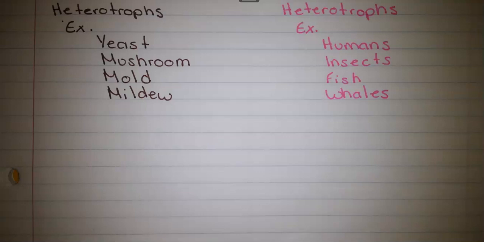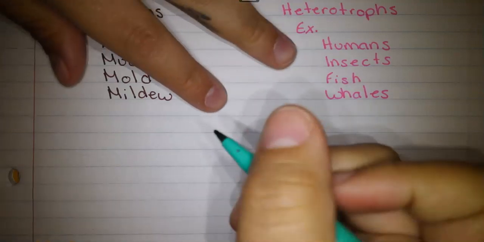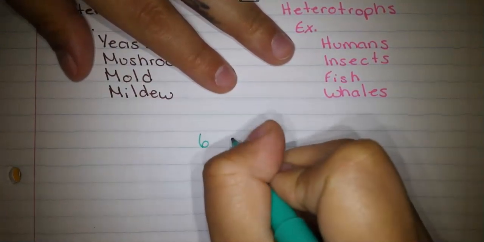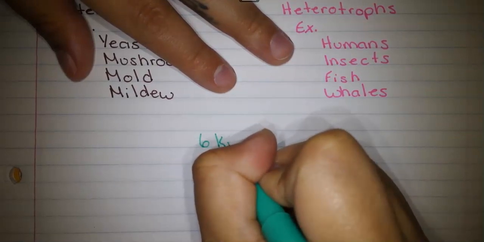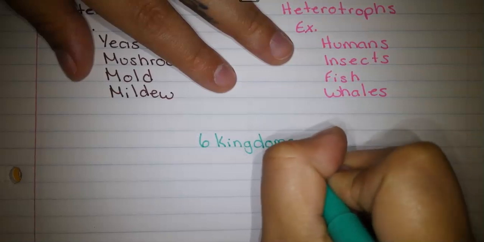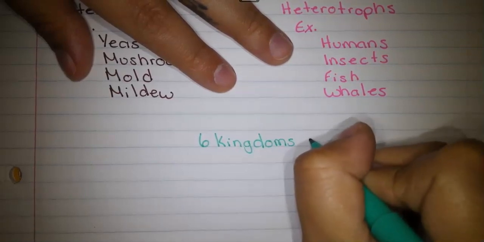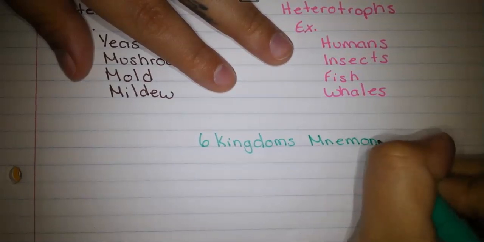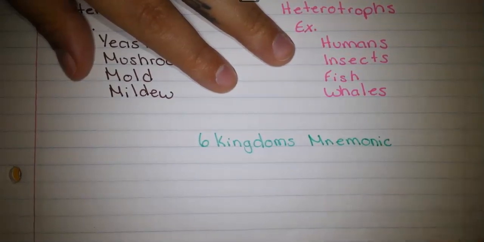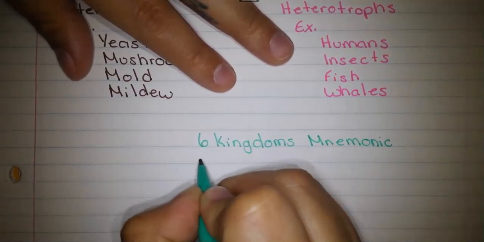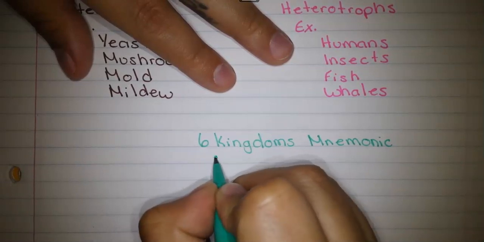So, let's see, this color. I'm going to put it right here. 6 kingdoms mnemonic. So it's going to be really, really interesting, and I actually like this mnemonic.